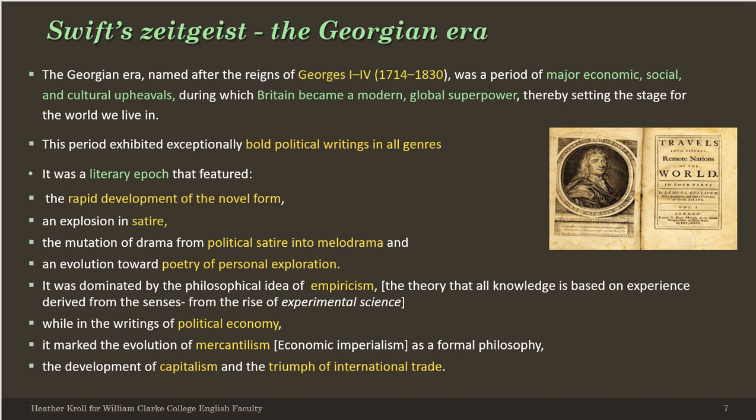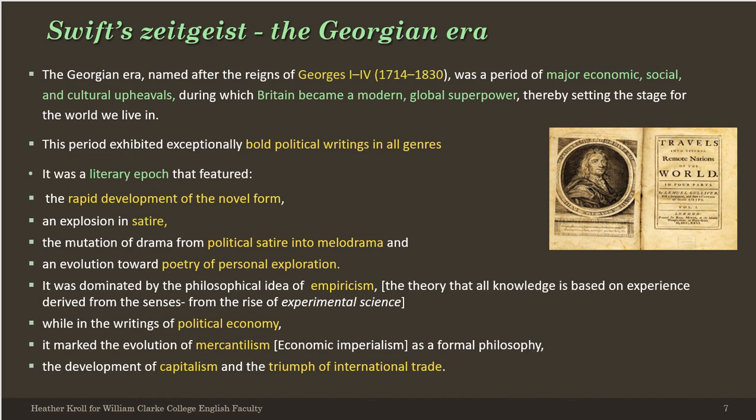And it was a period of major economic, social and cultural upheaval in Britain. So lots was changing, partly because of the increased travels around the world. This was the time that Britain became a modern global superpower. So you have all these stories of Rule Britannia, Britannia rules the sea, and this actually originated from this era.